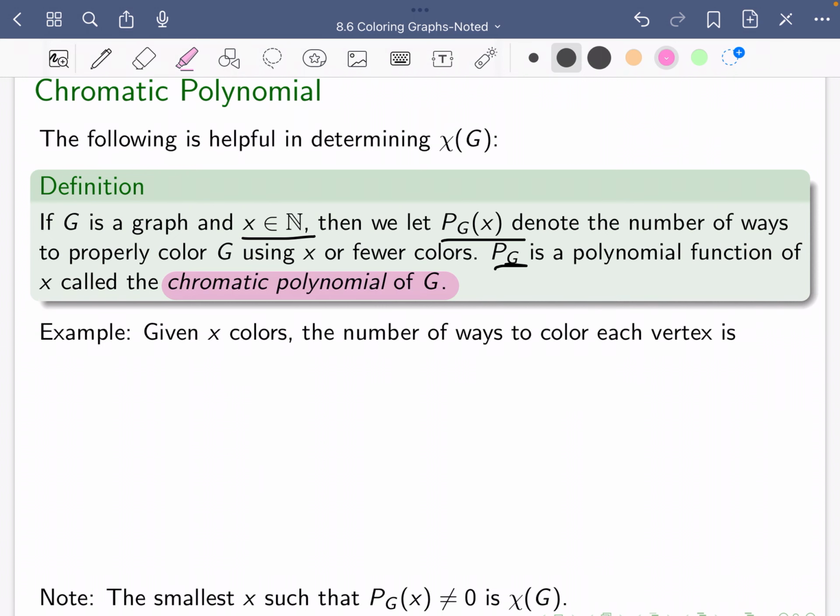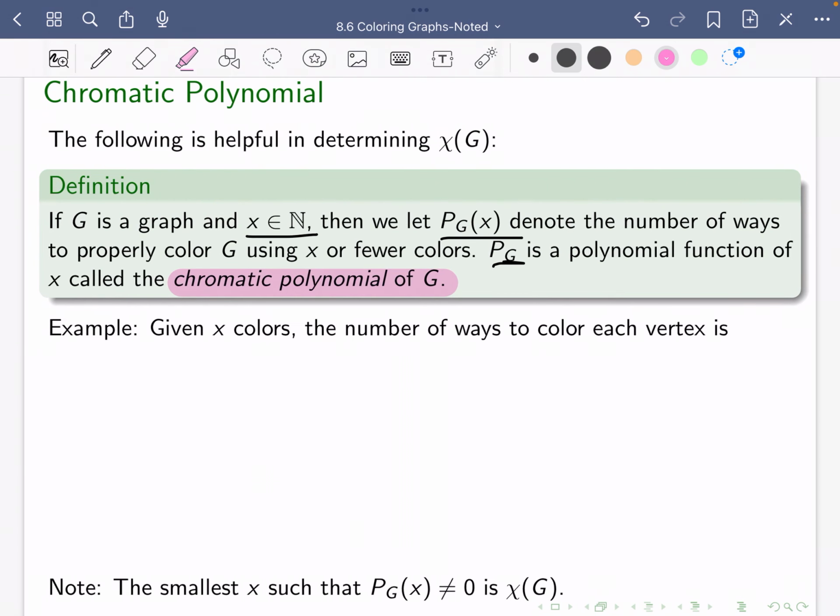So we're going to look at several examples. Let's say we have a relatively simple graph here. If we wanted to color this with x colors, for this first vertex in the top left, we have x ways to color it.